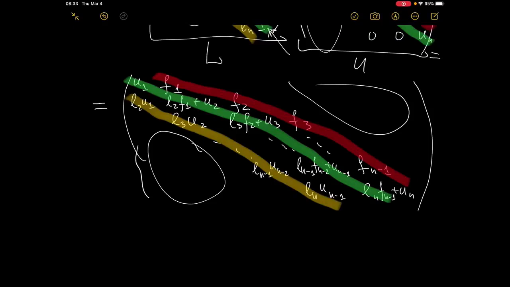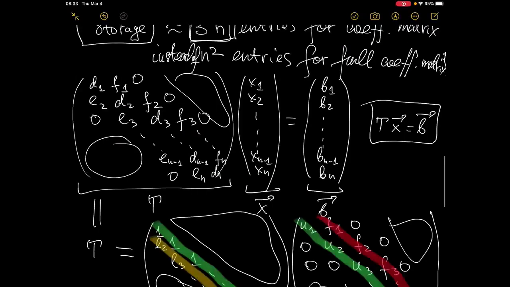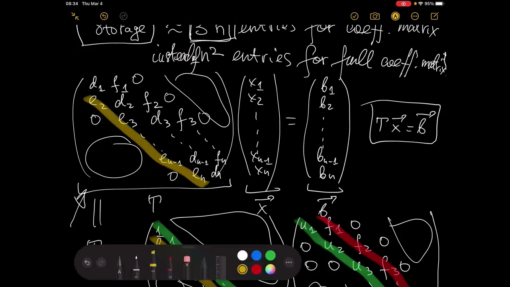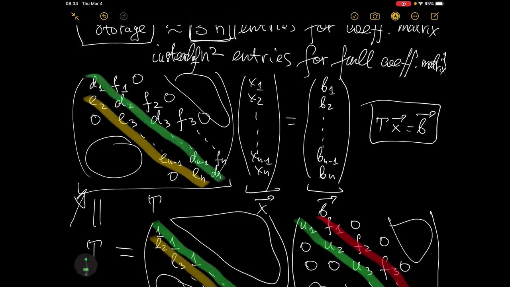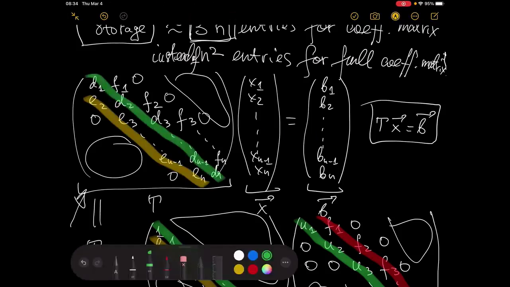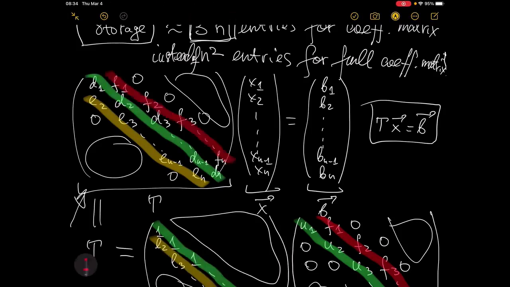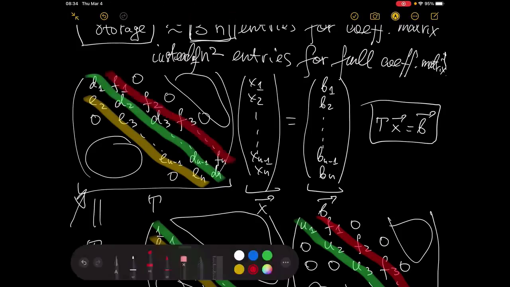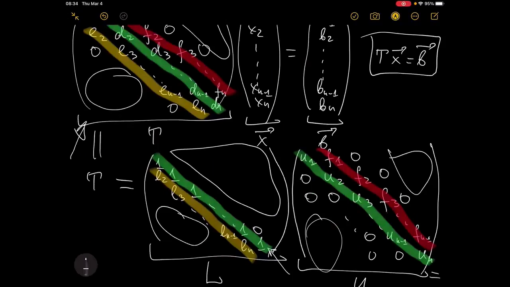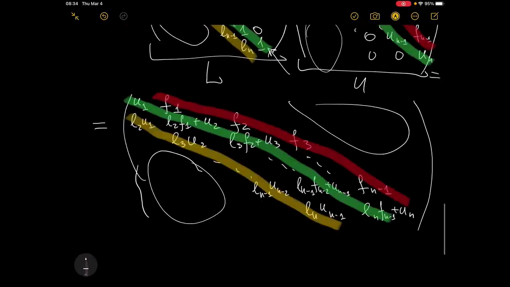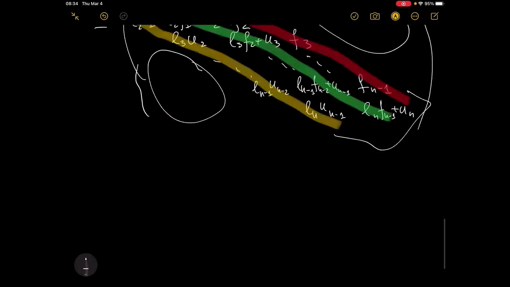Now, if you compare this matrix with the original one, here you have your subdiagonal, main diagonal, super diagonal again. If you compare corresponding elements here and here, you will get the following equations.